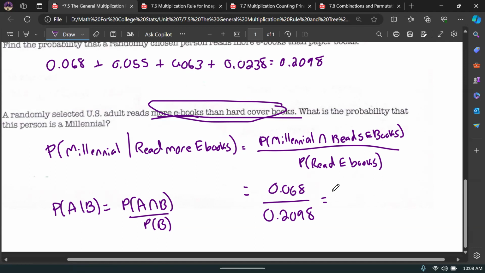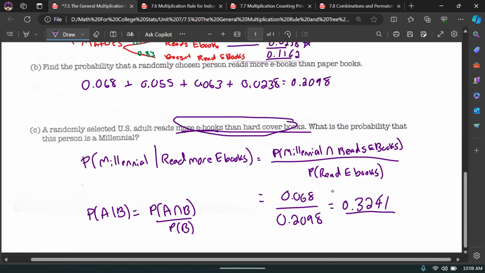If you do the math here, it's going to be 0.3241. So basically what this is saying is that 32% of people who read ebooks are millennials. That's kind of a translation there. And again, I can't spell, so don't mind me.